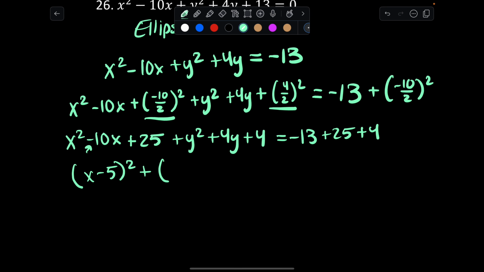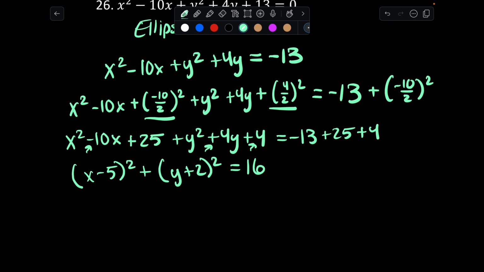And then for the y, we have positive 4, so this will be y plus 2 squared. And then on the right side, we end up with a 16. So this is going to be a circle. And I can tell it's a circle because we do not have any ratios. We didn't have to divide anything or isolate anything, so we're good.